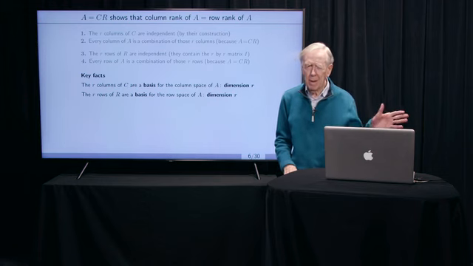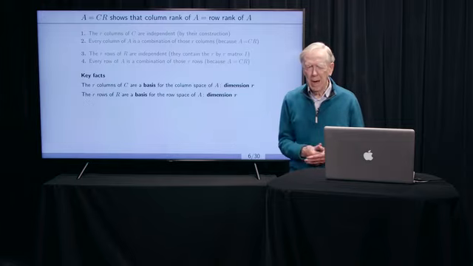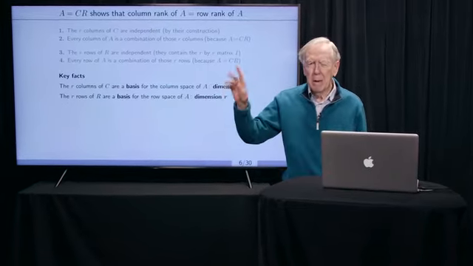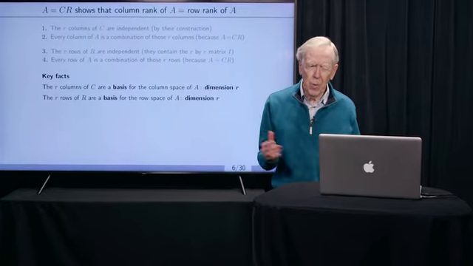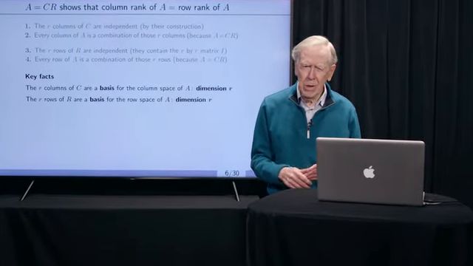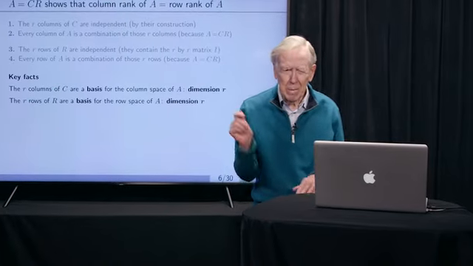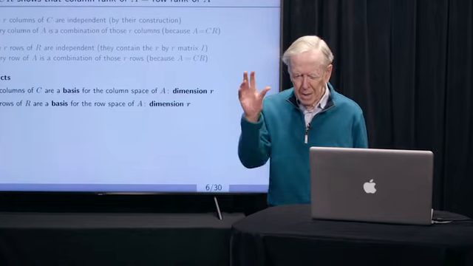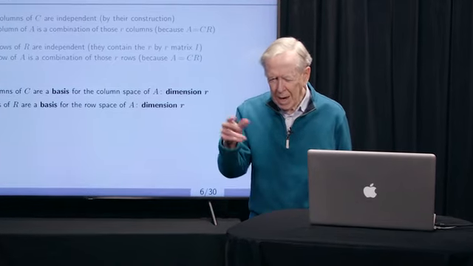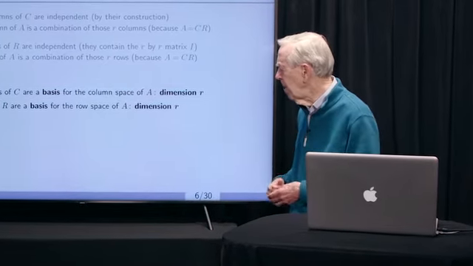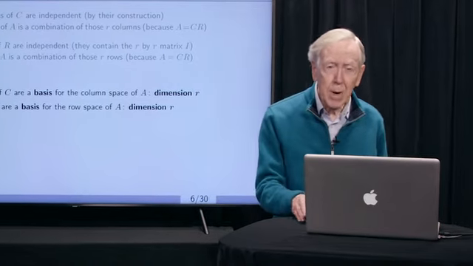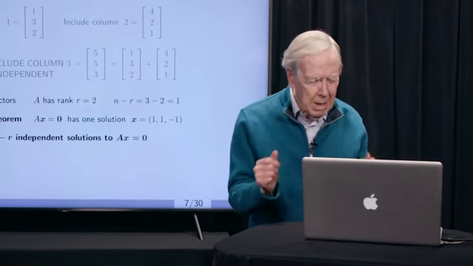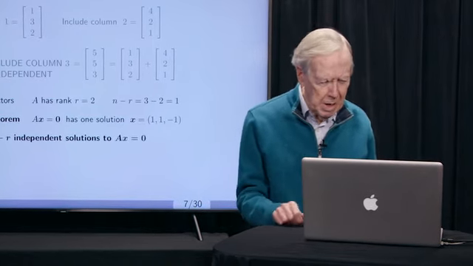So the column rank R equals the row rank R. It's like, if you had a 50 by 80 matrix, okay, that's 4,000 numbers. You couldn't see what these dimensions are, but linear algebra is telling you the dimension of the row space and the column space, 50 of one and 80 in another, are equal.